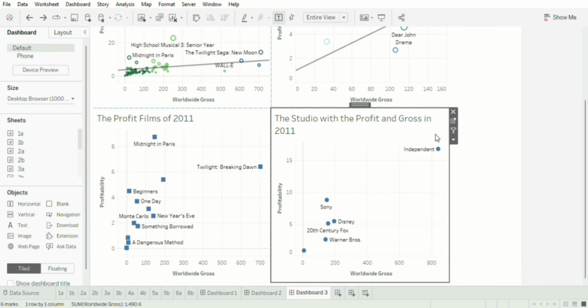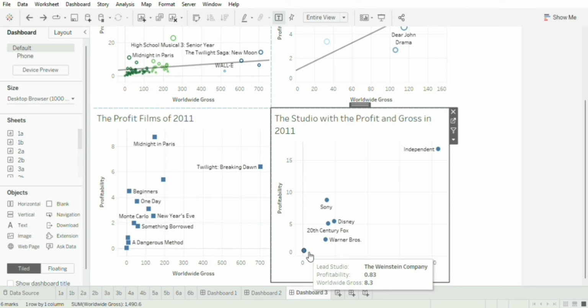Also, for the studio with profit and growth in 2011, first, the one with high profit and high worldwide growth is Independent. The second one is Sony, and the third one is Disney. So these studios may get a chance or opportunity to get investment from investors because their story about profit and growth is good.